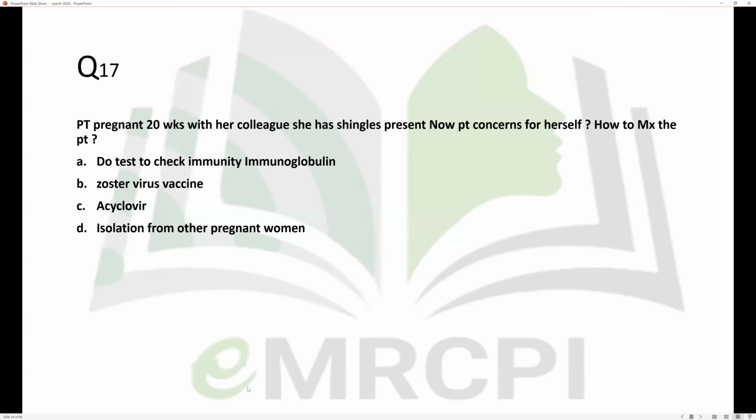The question is, shall I give the post-exposure prophylaxis immediately or test for immunity first?